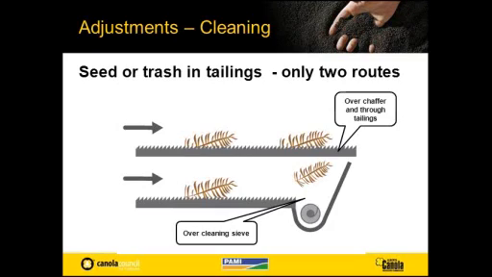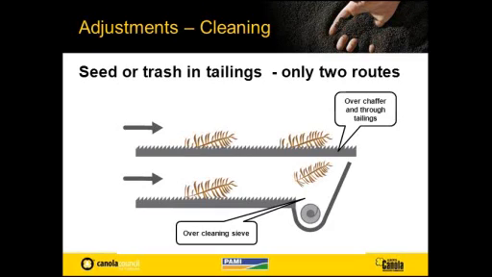By closing the tailing section right off, you can determine which direction it went, because if you closed it right off and it was going over the chaffer and down, then you should find that it disappears out of the tailings and it should increase going over. If nothing happened, it means that it fell through the chaffer and carried along, and therefore you have to start closing down the chaffer or increasing the air up to the chaffer to keep that material up there.